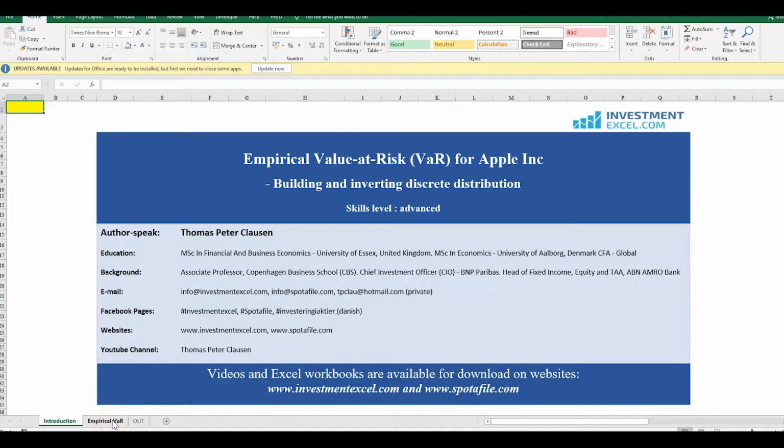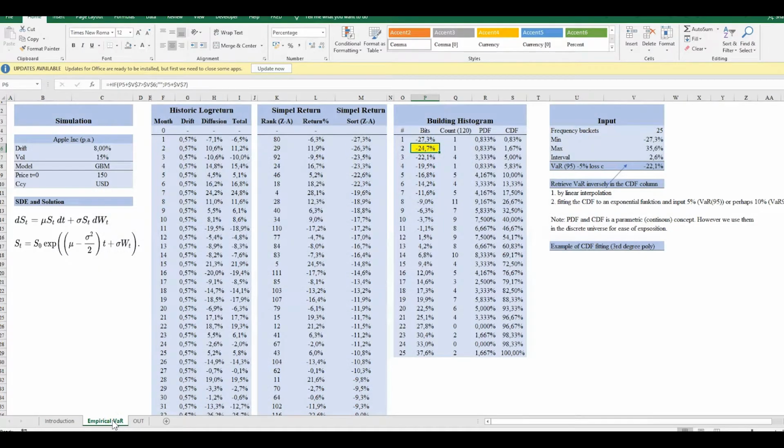Alright, let's take a look at a 10-year historical time series for Apple, which I have just simulated backwards in time with a geometric Brownian motion. And it's up here, the Brownian motion, the input we need to simulate, and we simulate backwards.